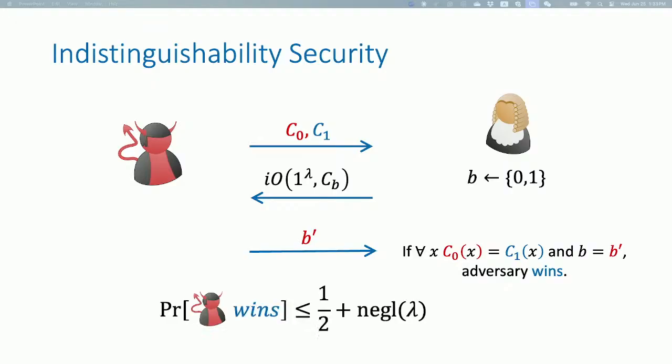So the security of iO requires that the probability that the adversary wins the game is bounded by half plus some negligible function. So crucially, in this security definition, the challenger needs to run in time exponential in the input length to enumerate all possible inputs and check the functionality equivalence of the two programs.